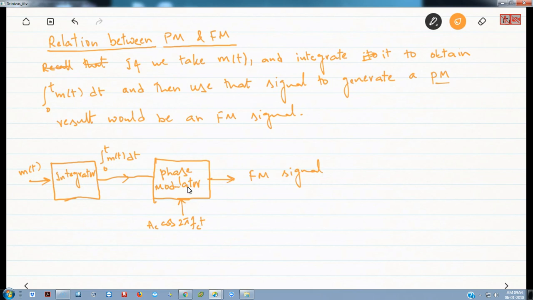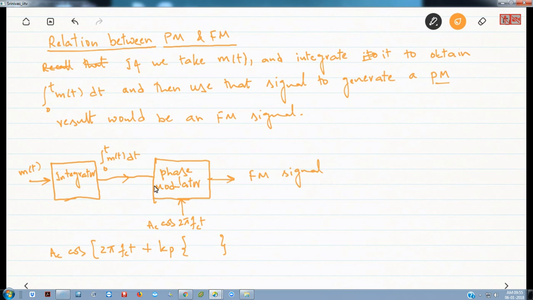So is this correct? This is what the above sentence says. When I do phase modulation, a phase modulator is something like this: AC cos(2 pi fc t plus Kp into ...). What do we have here? The baseband signal, right? In this bracket we will have the baseband signal m of t.